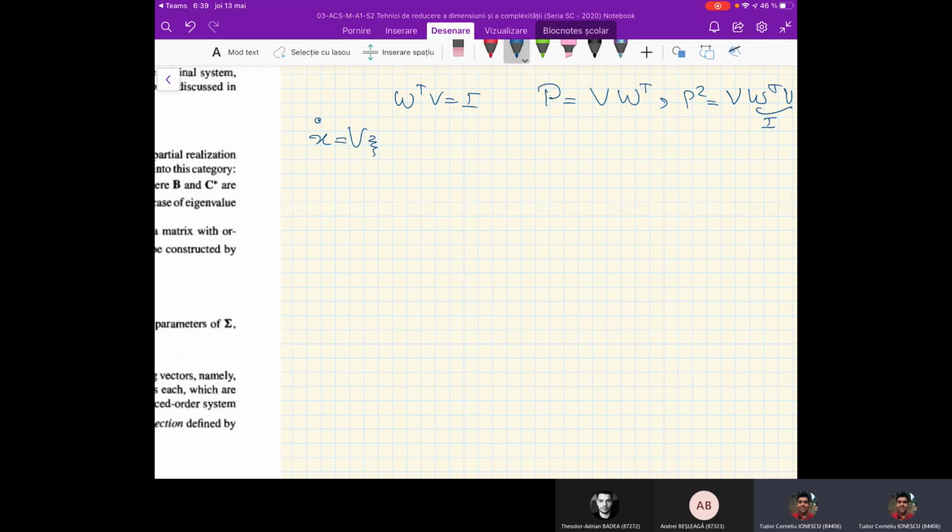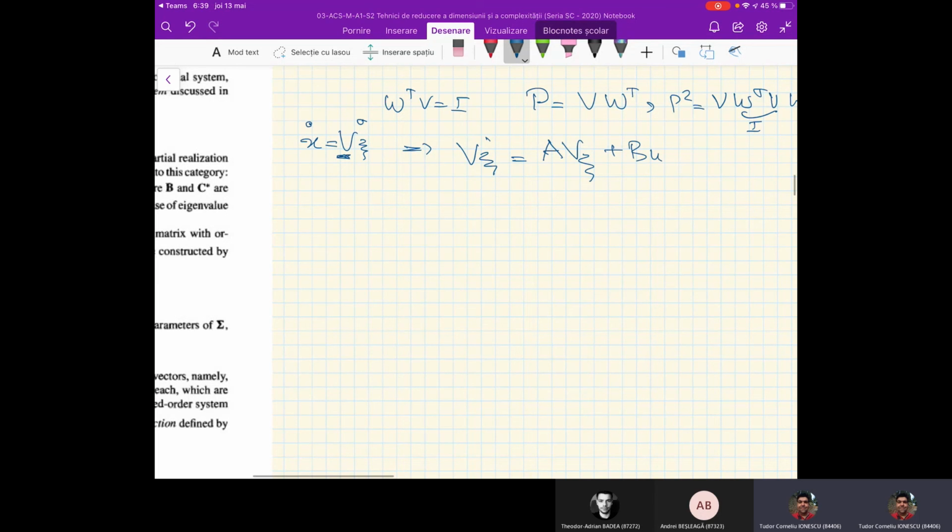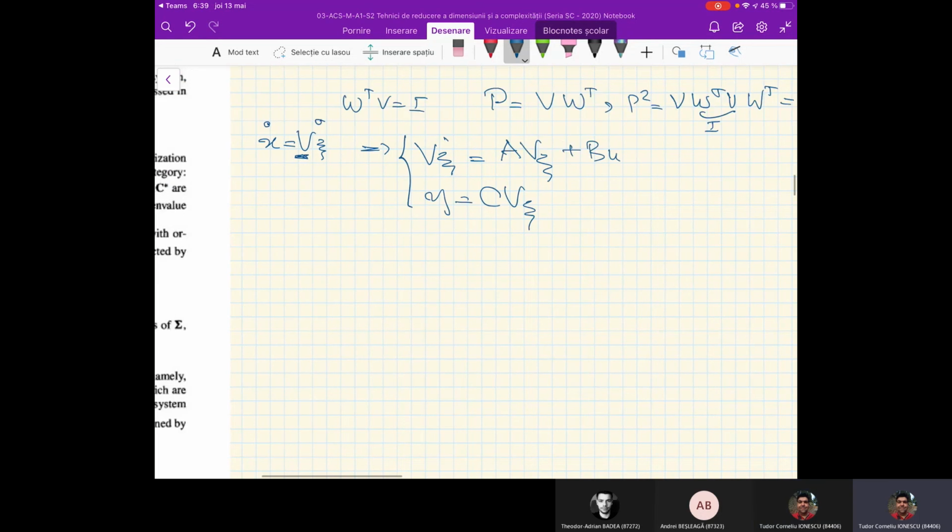Now you take differentiation with this. V is a constant matrix, and then you get V psi dot equals A V psi, because it's AX plus BU, and Y is C V psi.